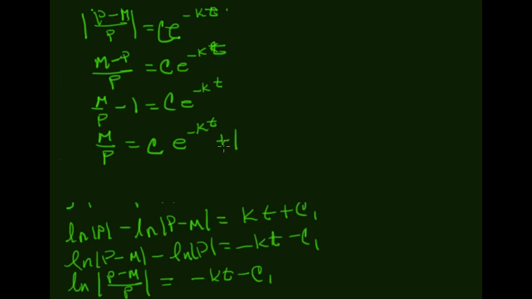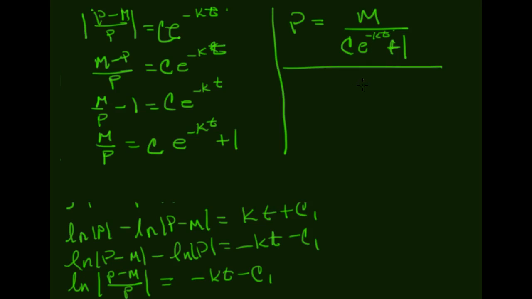A little bit of cross multiplication, and I get that p is equal to m over c times e to the negative kt plus 1, right? So what's the takeaway here?